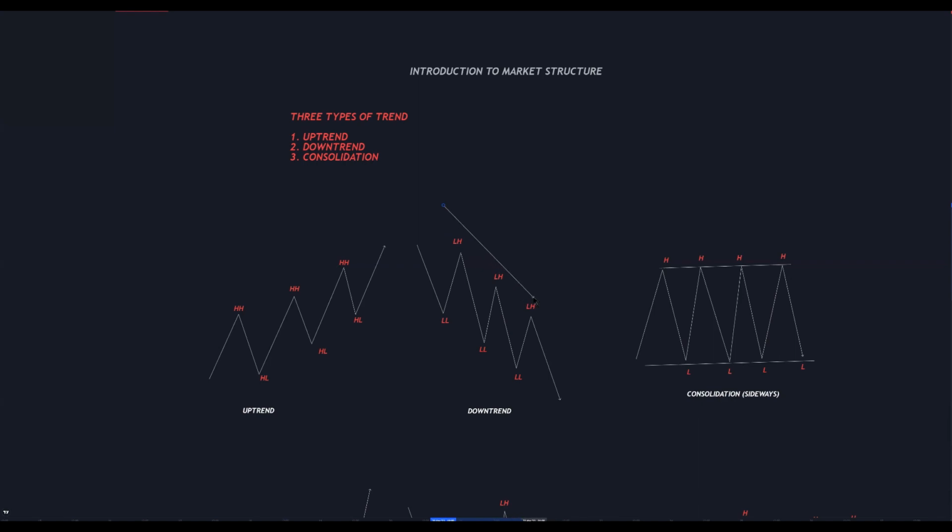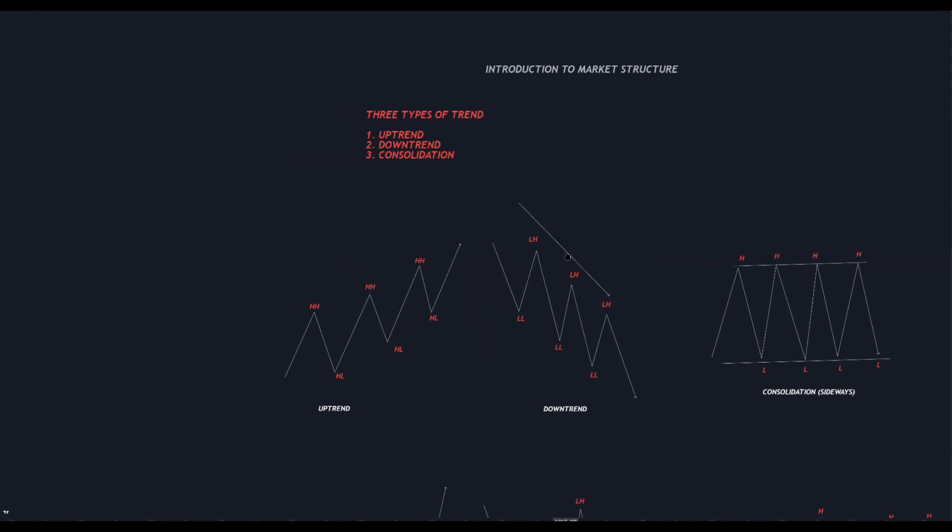Do not forget this. Now for our third description, which is the consolidating market. The market is ranging at this point because you can see price bouncing from highs to lows. There's indecision in the market. It is ranging, meaning both buyers and sellers are at equilibrium at that current price.